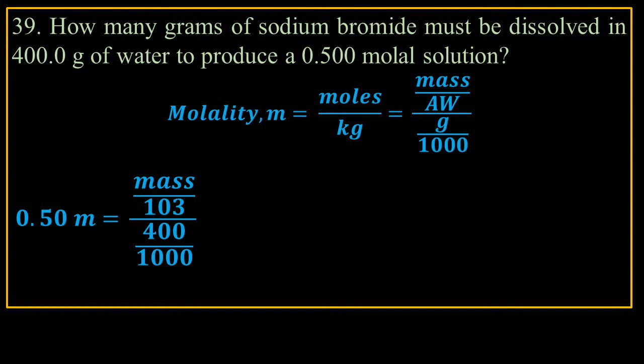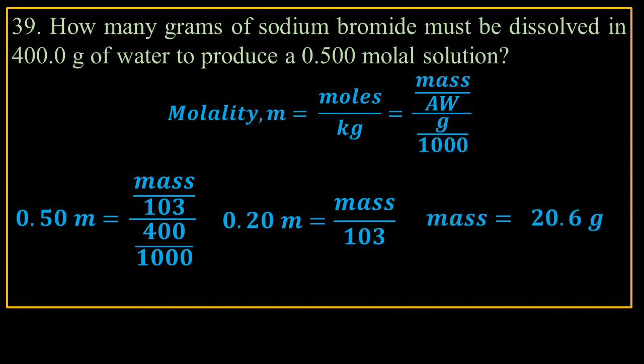So it'd be 0.5, cross multiply, 0.5 times 0.4, and then times 103, and 0.5 times 0.4 is 0.2, and then times 103, which is approximately 20 and change, so 20.6 sounds about right.